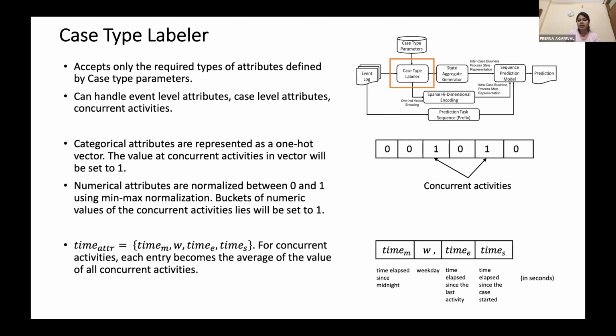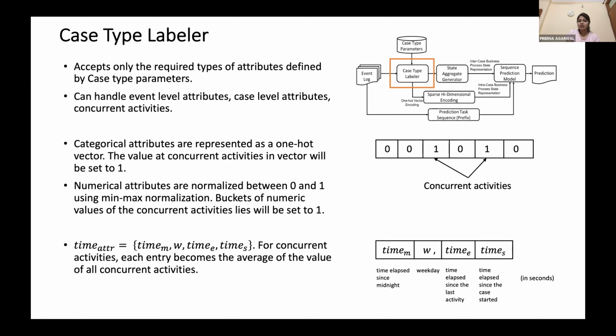Categorical attributes are represented simply as one-hot vectors, but if we have concurrent activities, then the value at which a concurrent activity is getting executed will be set to 1, so more than one value will be set to 1, depending upon the value of the categorical attribute of each concurrent activity.